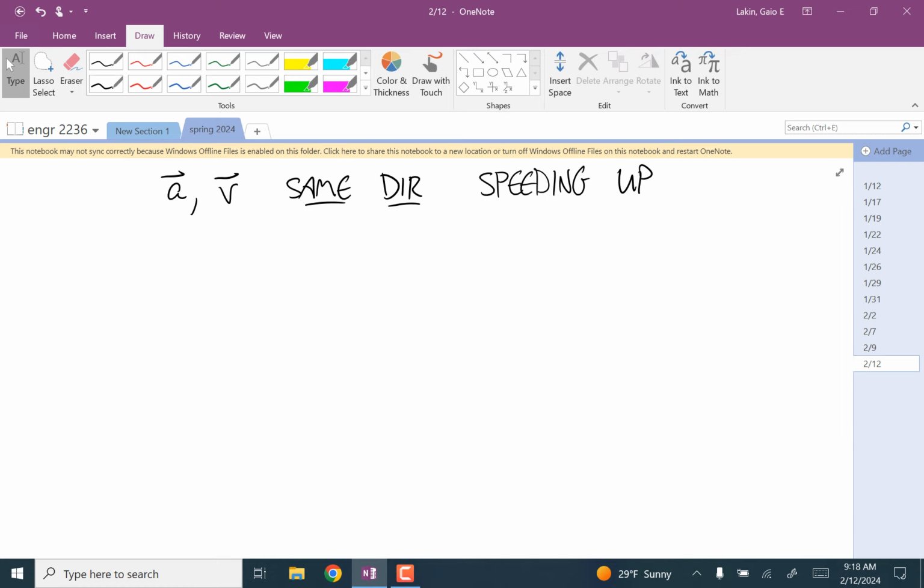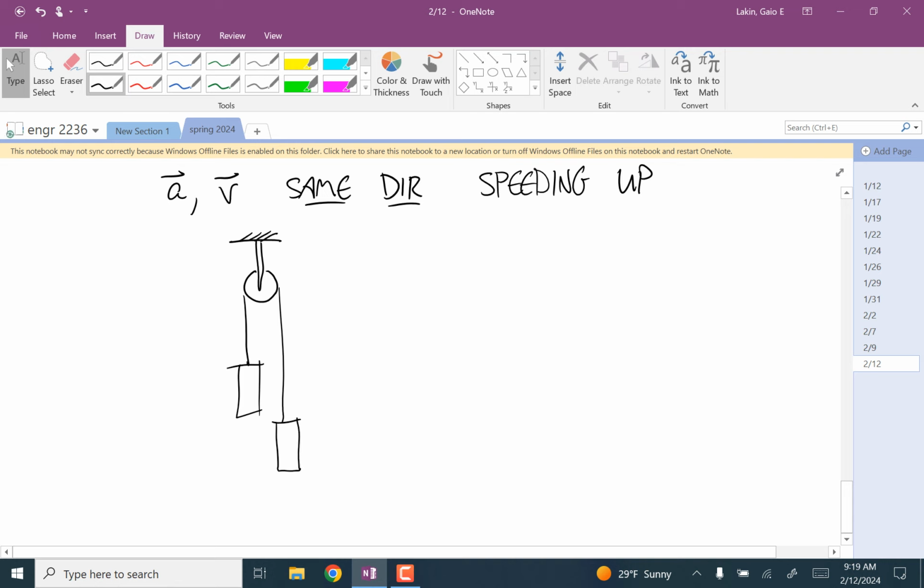Like, when you do a problem like this, for example, we calculated the acceleration without me saying anything about the velocity at this instant.